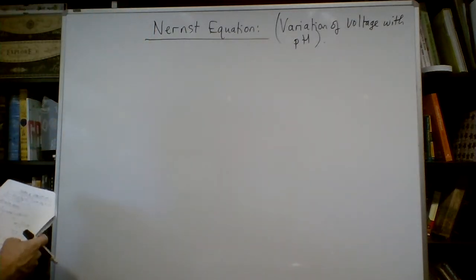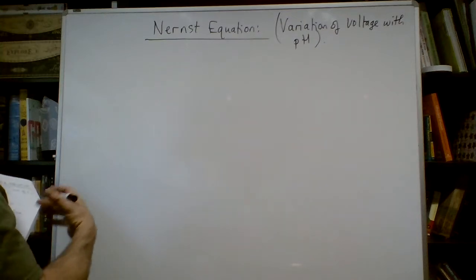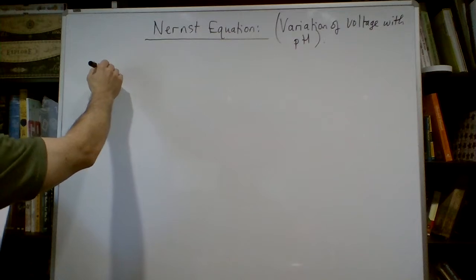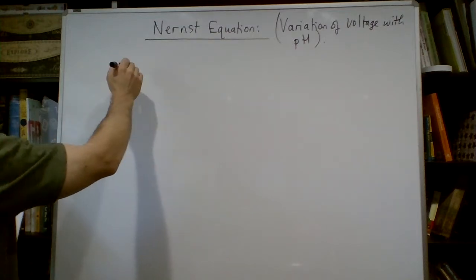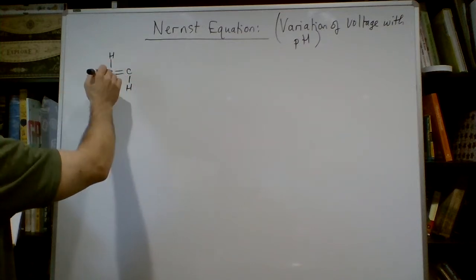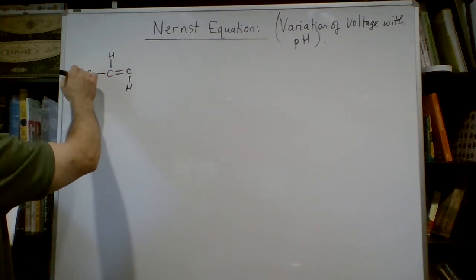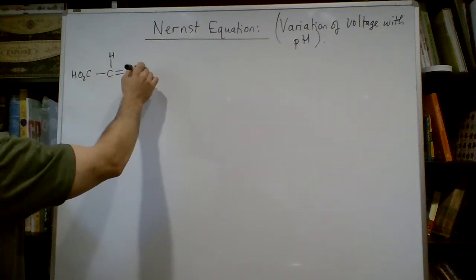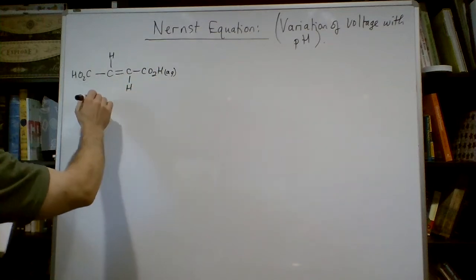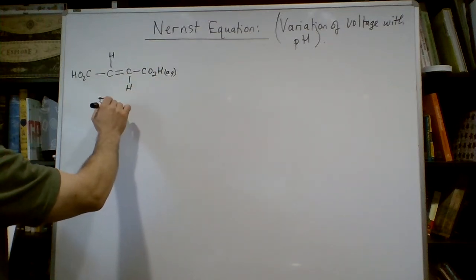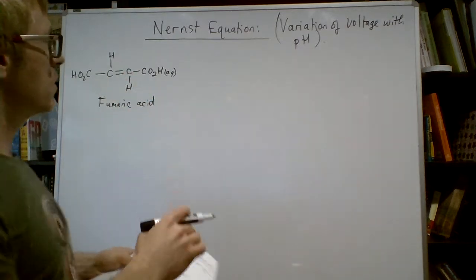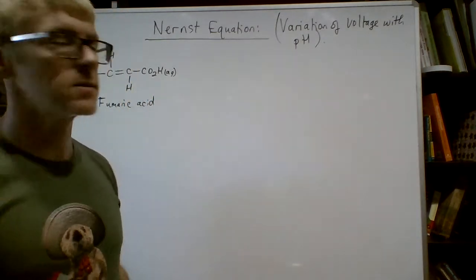So for example, let's consider a biological reaction from the Krebs cycle. So if we have this equation, this chemical is fumaric acid. Your ability to draw this chemical is irrelevant.